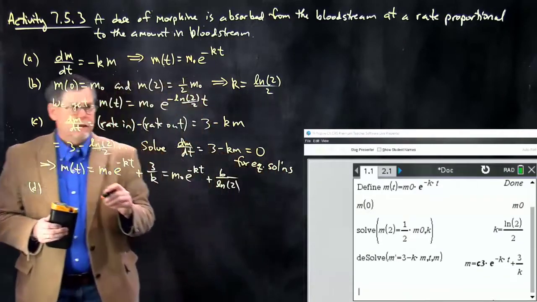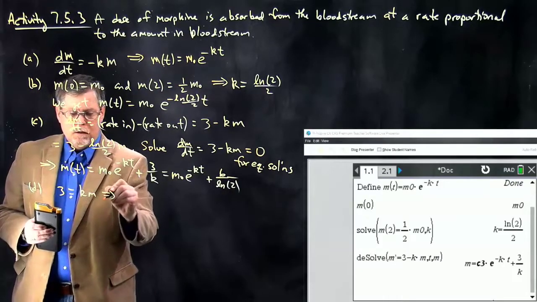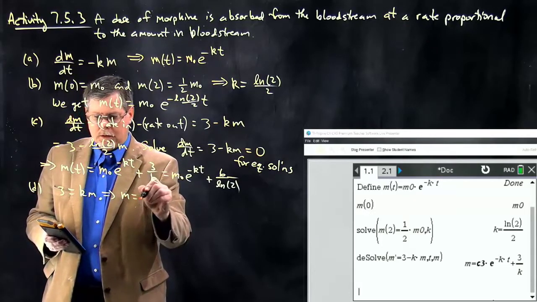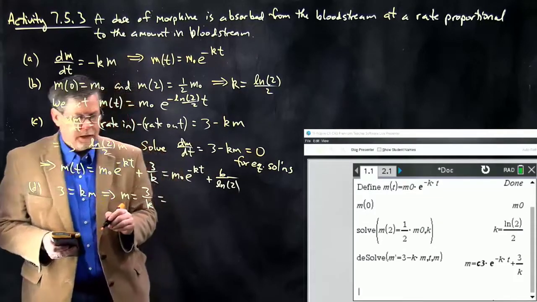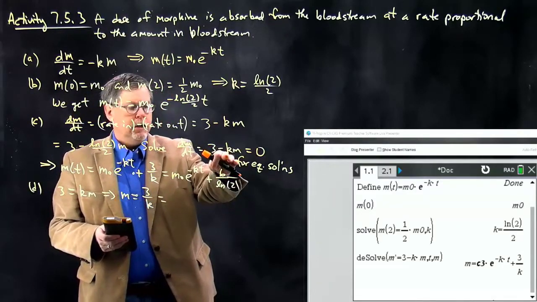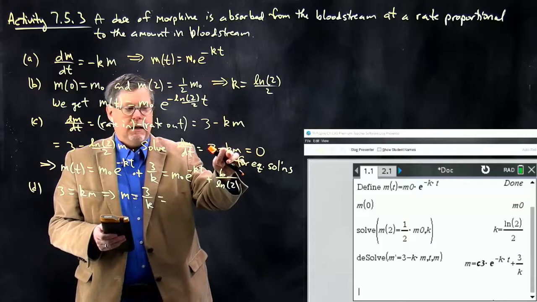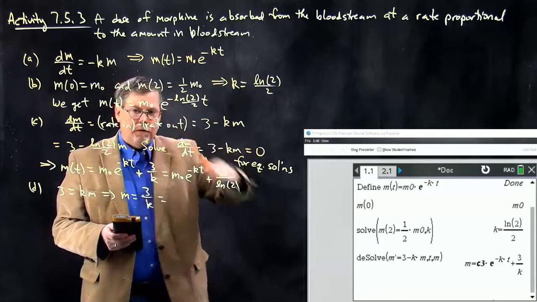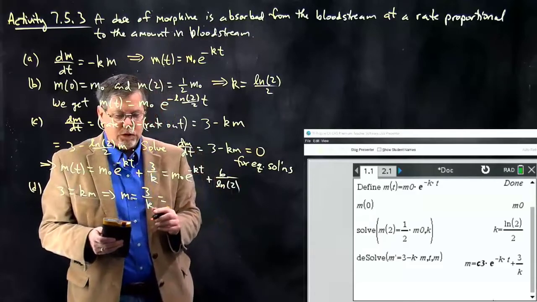All right, so that's going to say that 3 is equal to Km, which implies M is going to equal 3 over K. Now, when we think about this, this is going to have a negative slope. So when you think about this as a line, y equals 3 minus slope times x, it's a negative slope, so it's going to be going from above to below when it crosses the x-axis. So this is going to be a stable equilibrium solution.